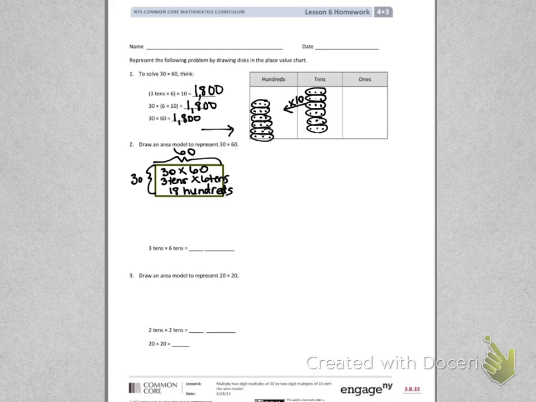So when we fill in the rest of the information below, it says 3 tens right here times 6 tens. That's 18 hundreds. Because we went from tens and multiplied by another tens, and that's going to create the hundreds category, and that's 18 hundreds in math, 1,800.